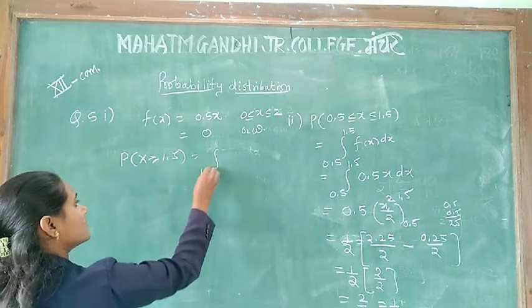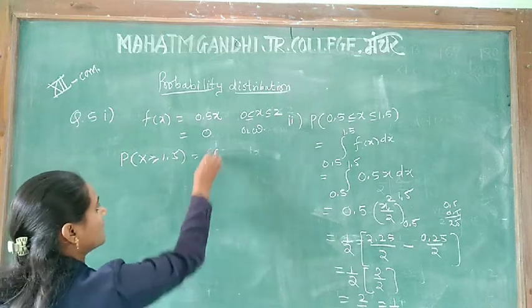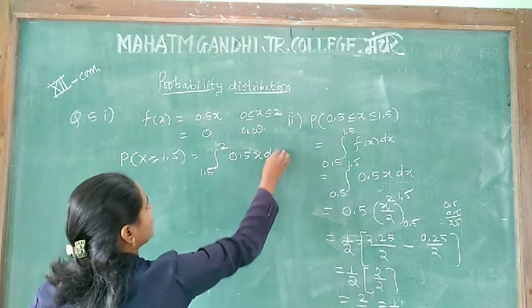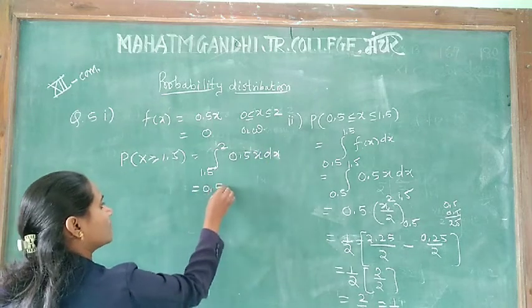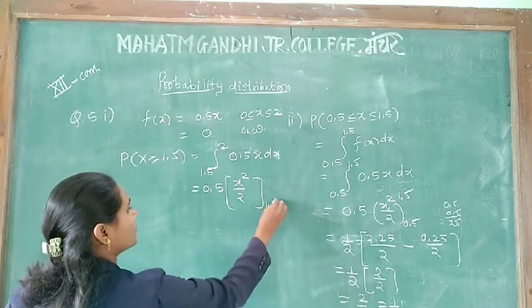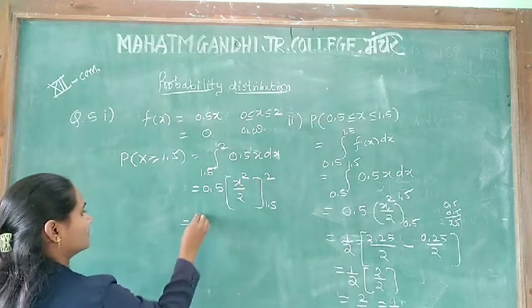That means 1.5 पेक्षा मोठा म्हणजे हा लोअर लिमिट झाला. अपर लिमिट 2. 0.5 x dx. 0.5 constant. Limit x square upon 2, 1.5 to 2.